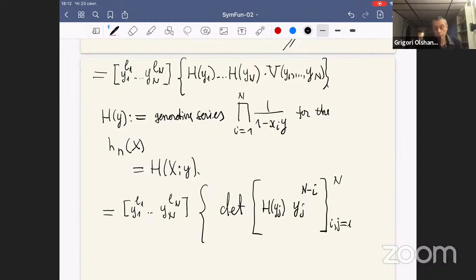Is it clear? I just wrote the definition of the Vandermonde determinant without this factor, and then I introduce these factors inside the determinant. Okay.